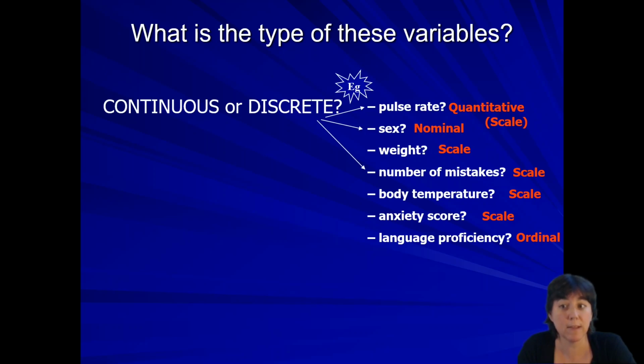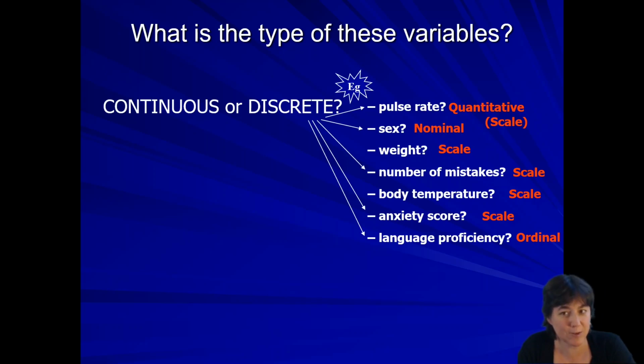Number of mistakes, on the other hand, is discrete, because you can make as many as there were questions in the exam. Body temperature again is continuous. Then you have anxiety score, because scores are limited, as discrete, and of course language proficiency.